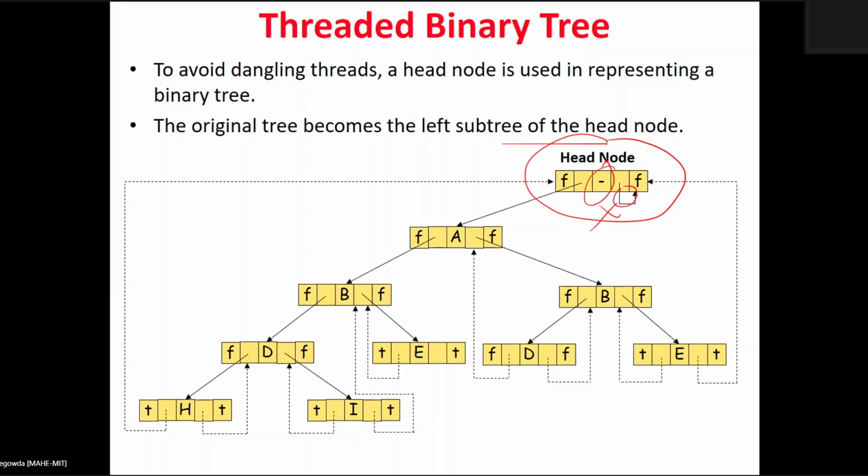So if this header node is included in the two-way threaded binary tree, then this node becomes the in-order predecessor of the first node and the in-order successor of the last node.